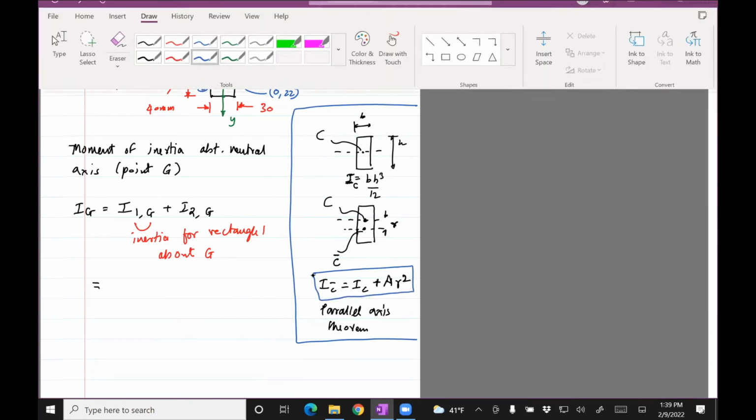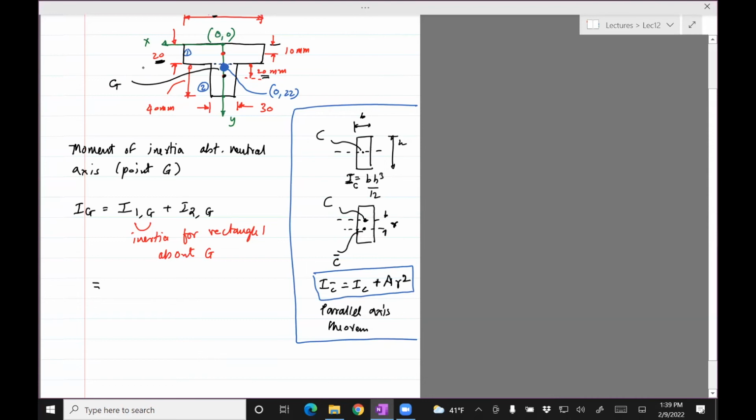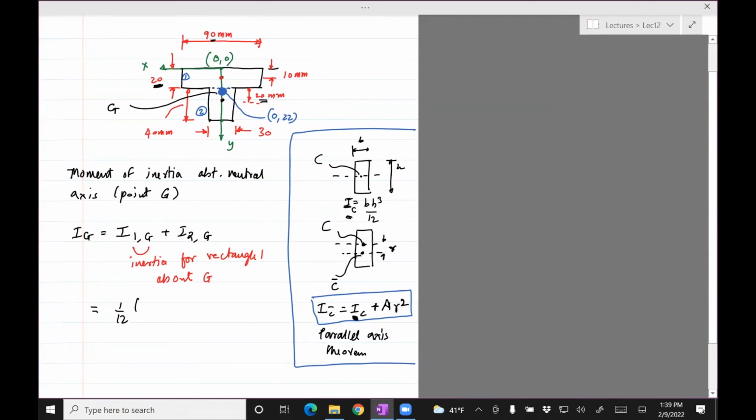If I were to find the inertia about G for rectangle 1, I need to first find the inertia about the center of mass or centroid of rectangle 1, which will be 1/12 times b, which happens to be 90, times h, the height of that rectangle, 20 cubed, plus the area times the distance from G to the centroid of the first rectangle. So the area is 90 times 20.